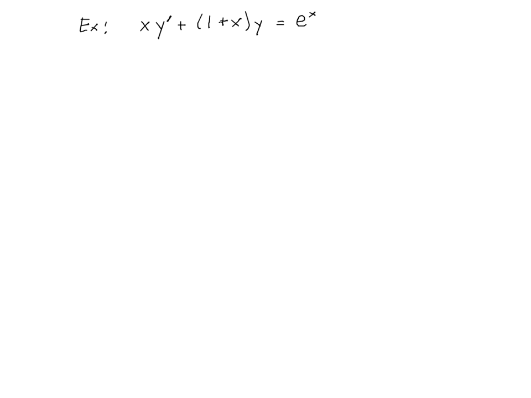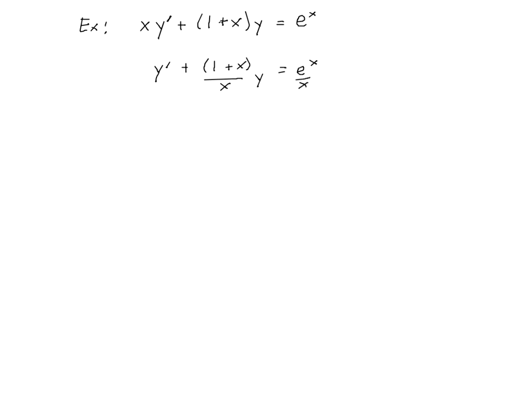Now this fits the form that we talked about before if we divide through by x. So now we have y prime plus 1 plus x over x, y equals e to the x over x.